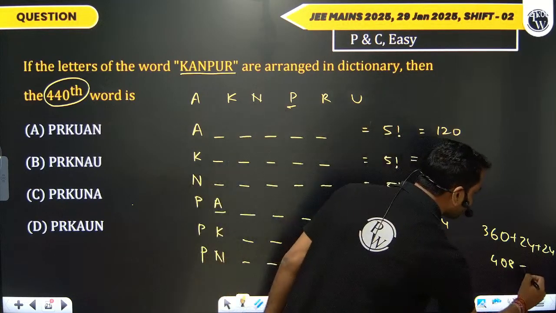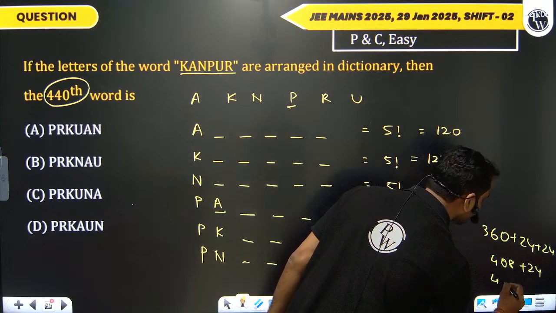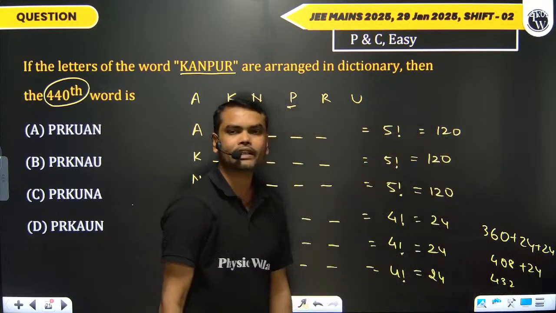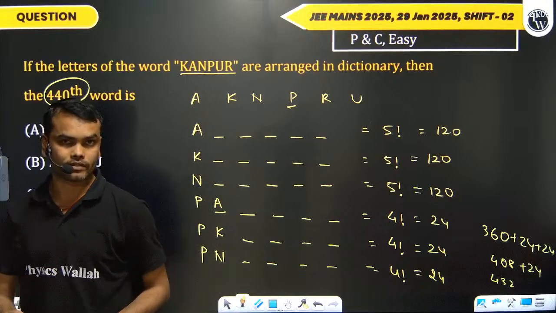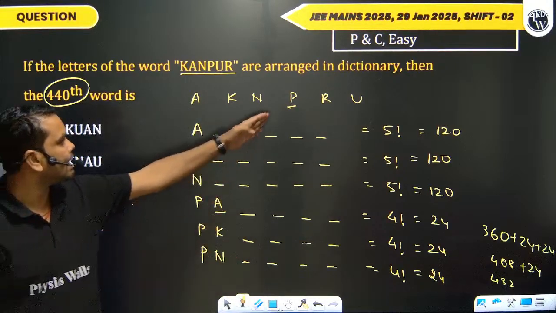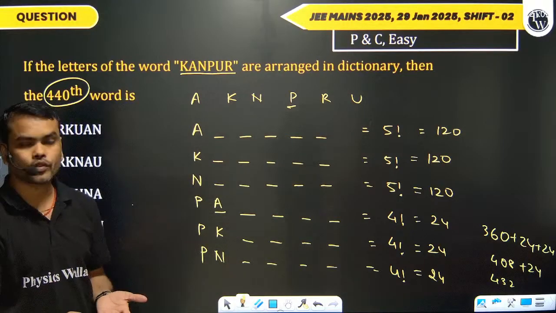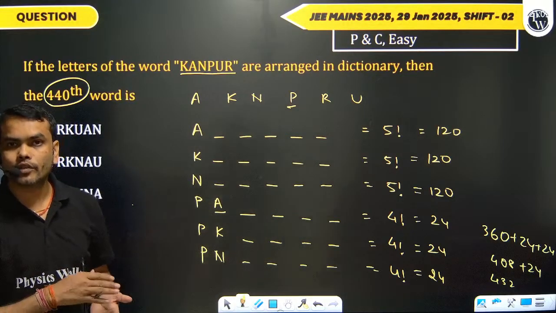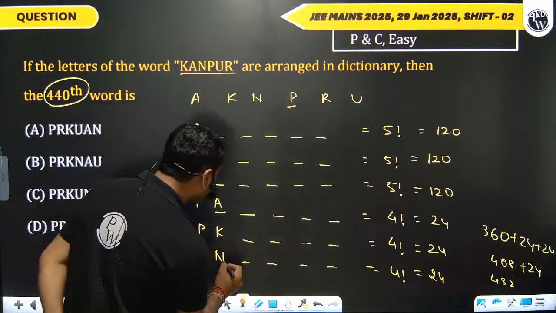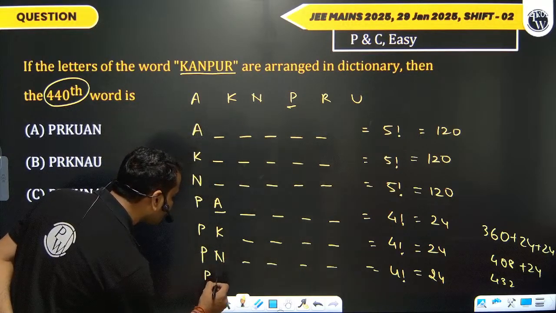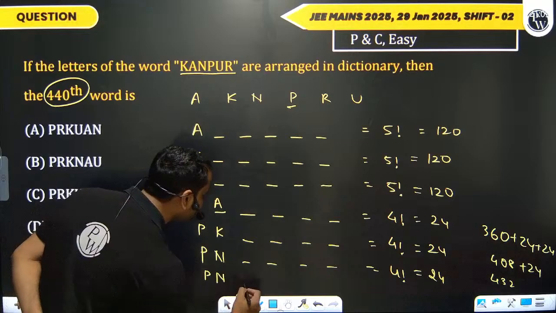If you add it here, how much will it come? 432, right? Now the next one, if you form P and R, then again 24 you will add, which will cross 440, right? So whatever word it will be, that will be formed with P and N.